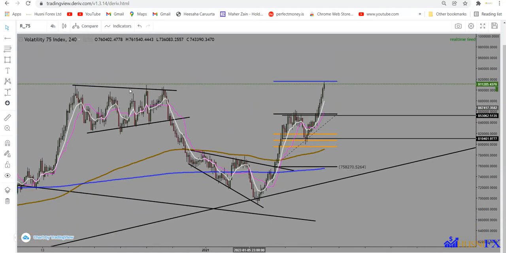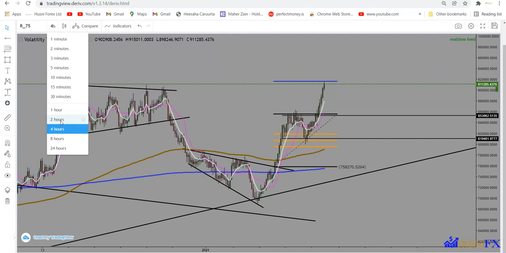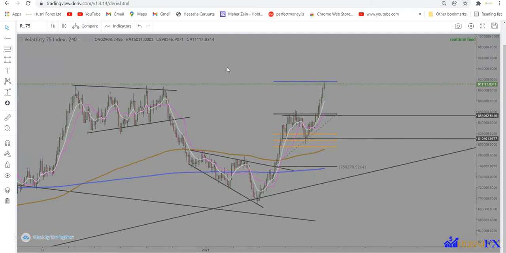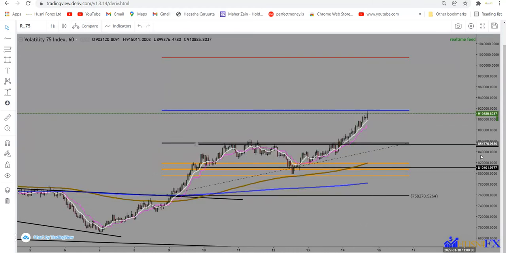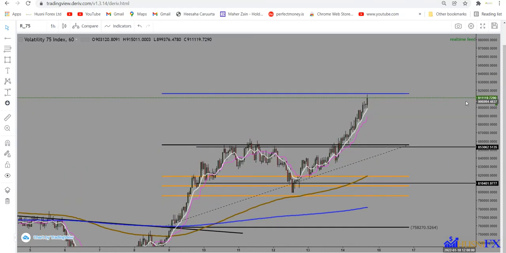So what is happening at H1? Let us look at the 1 hour time frame. 1 hour chart. So let us see the structure. So what we see right now is everything is clear on H4 and also the same on H1, or 1 hour time frame.